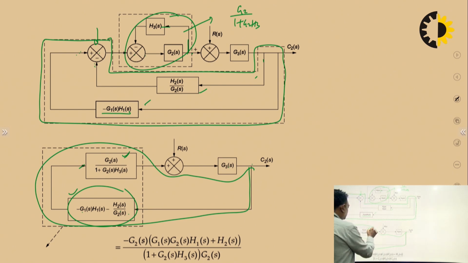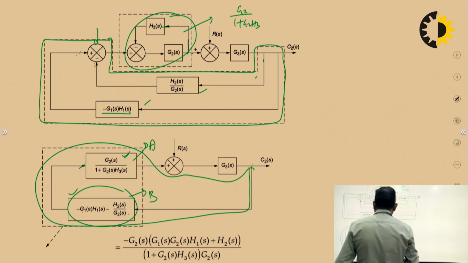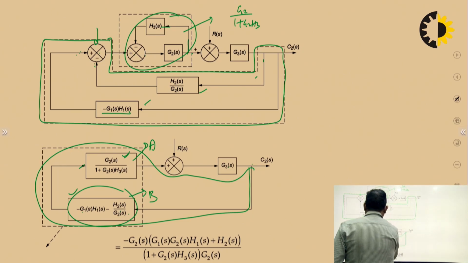Let us suppose this is A, this is B. In cascade it will become AB. Input is applied from here and feedback is positive.